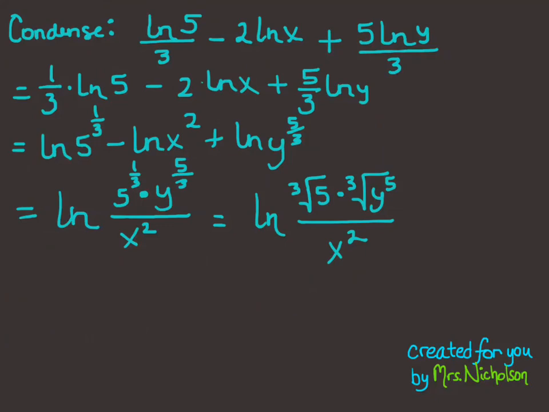But since both of those terms on top are under a cube root, it would also be correct to combine them under the same cube root as 5y to the 5th, and then of course still over x squared. And so that would be the condensed version of that log expression.